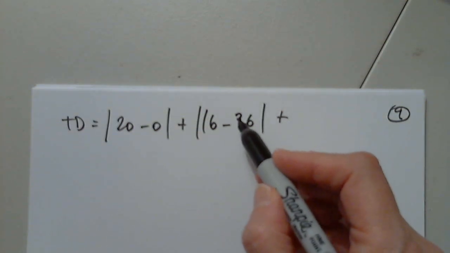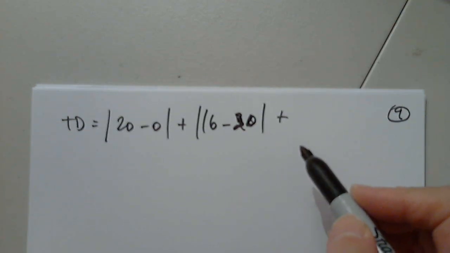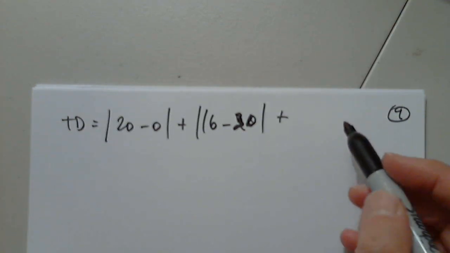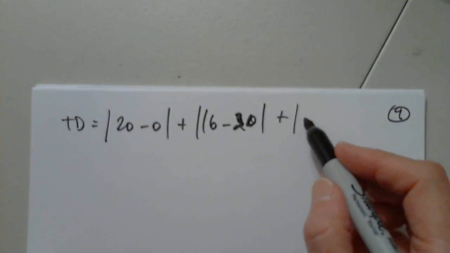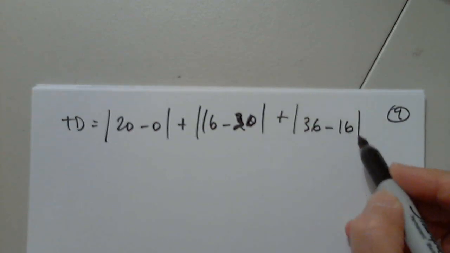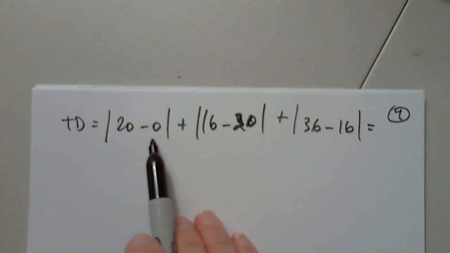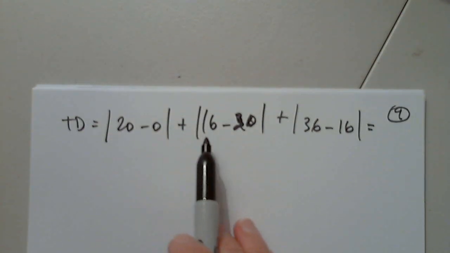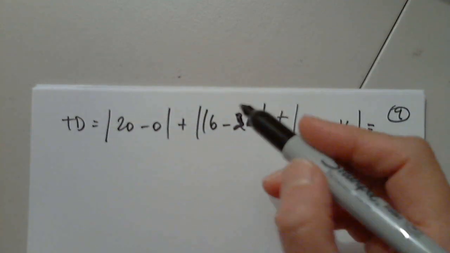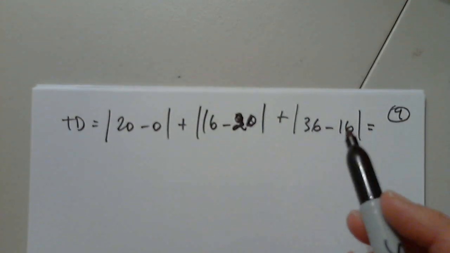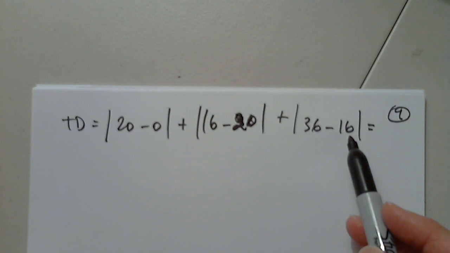Sorry, minus 20. Then s of 6 minus s of 4. So s of 6 is 36 minus s of 4, which is 16. So then s of 2 minus s of 0, s of 4 minus s of 2, s of 6 minus s of 4.